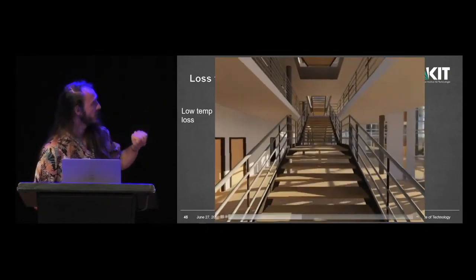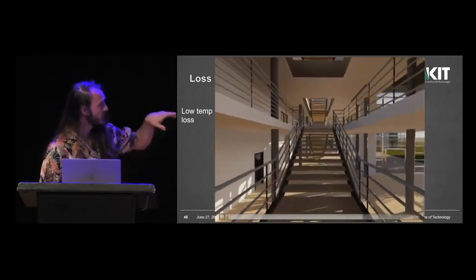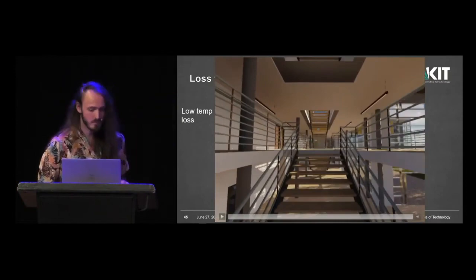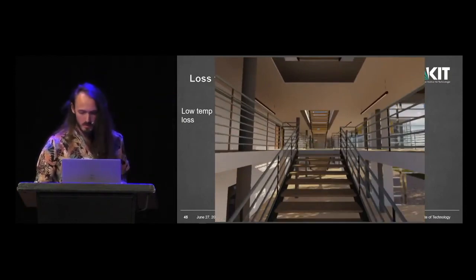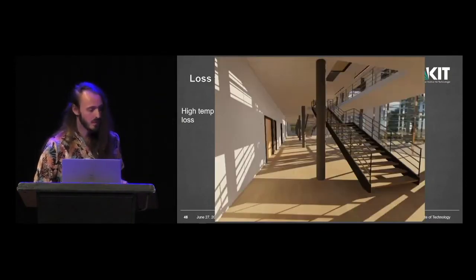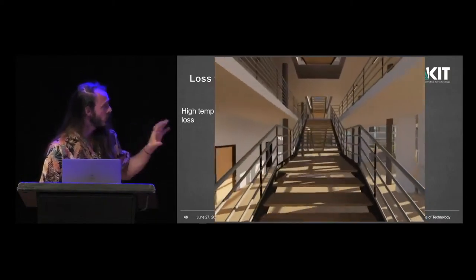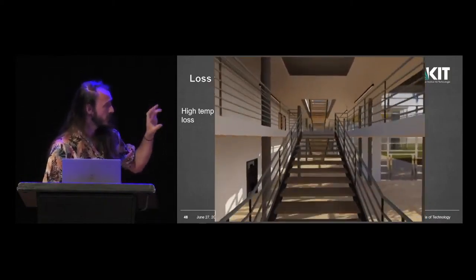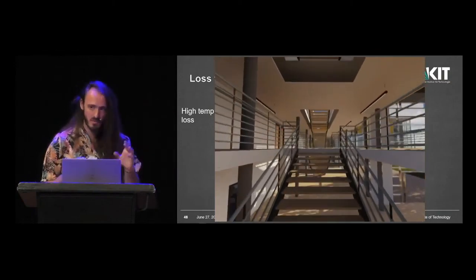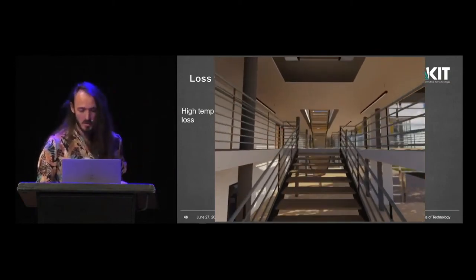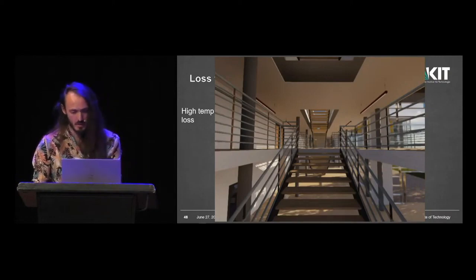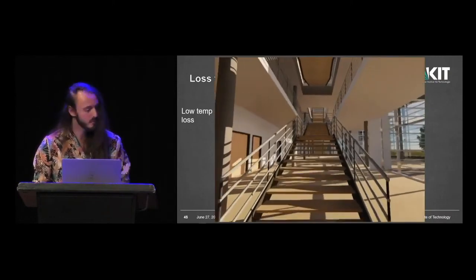So here you see an example with low temporal loss, and you see it flickers a bit all around. And here you have an example with high temporal loss. And you can see it's way smoother. It still wobbles a little bit. I mean, you have to remember the input is very noisy, but it's significantly better. I can still show you maybe the previous one again.